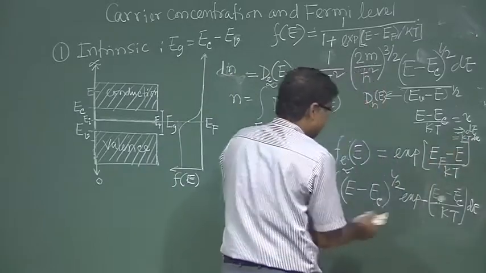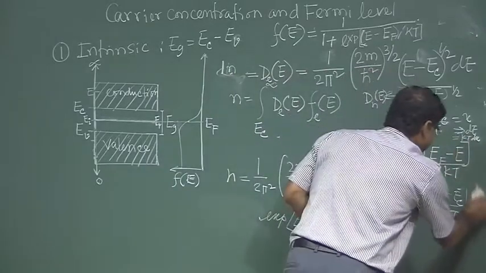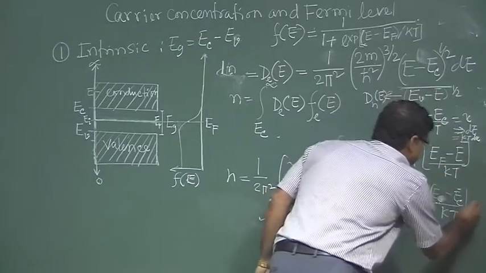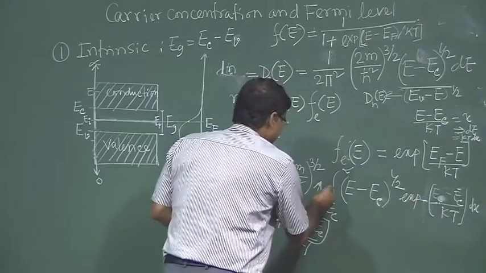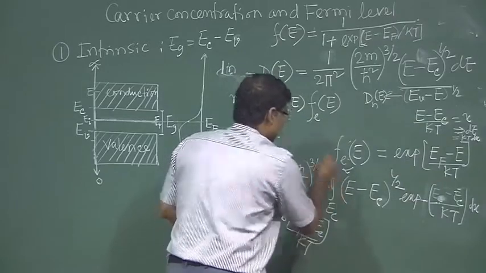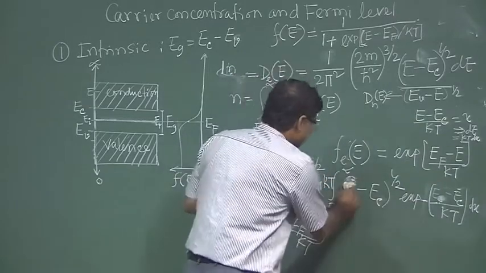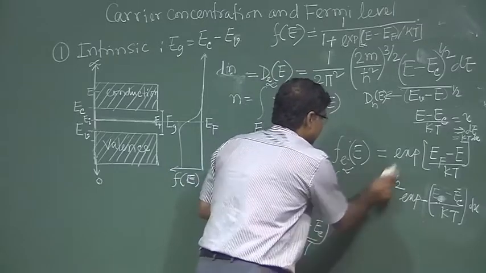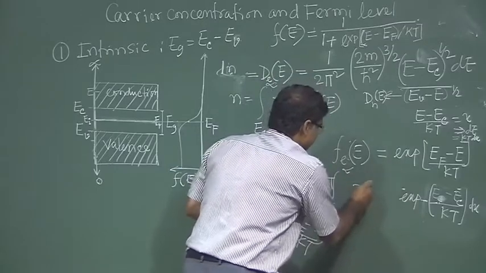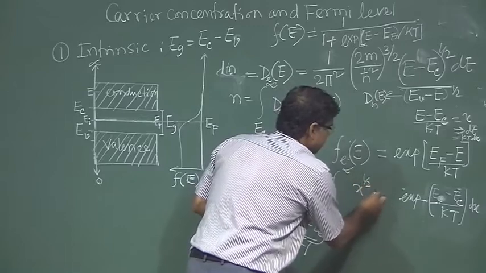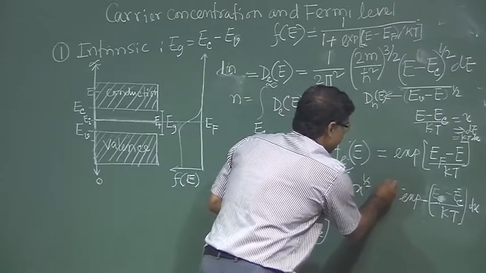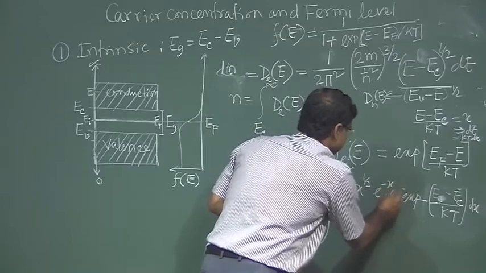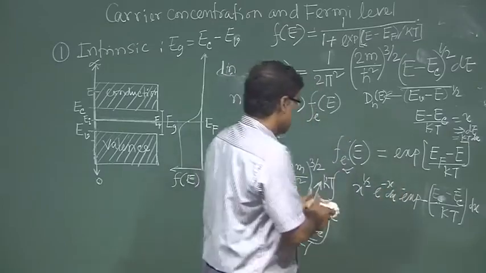This dE basically I can replace by KT dx, KT I can take out, and then x to the power half, and e to the power minus x dx.